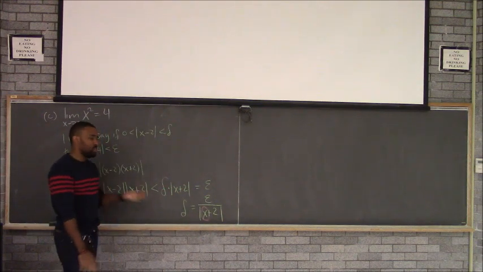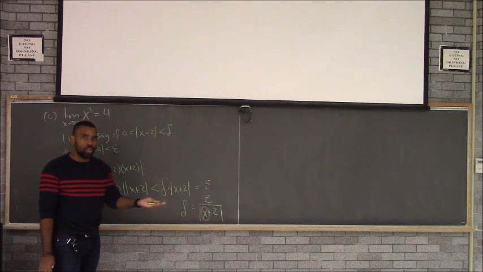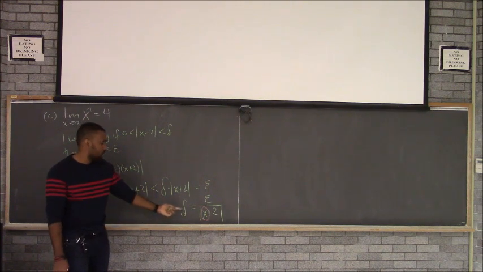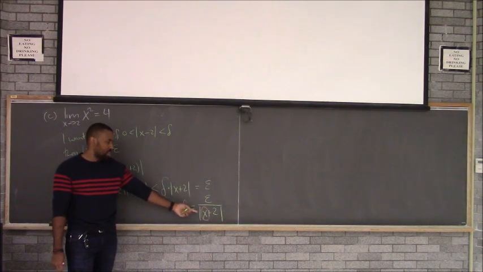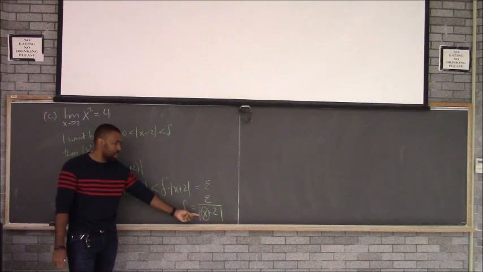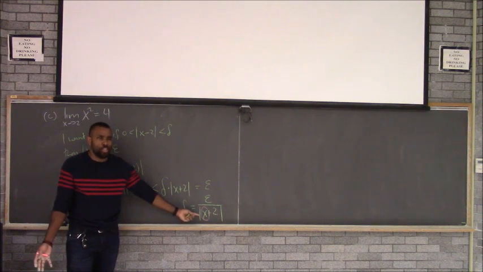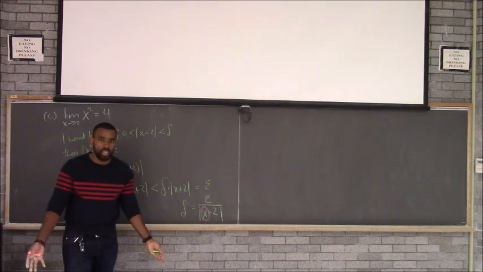Because when someone gives you a tolerance, you can't actually respond with a tolerance of your own that has some variable in it, so you actually don't know what to tell them, right? You're going to tell them the number that they gave you divided by some number that you don't actually know. I mean, x plus 2 could be anything, depending on what the x value is.